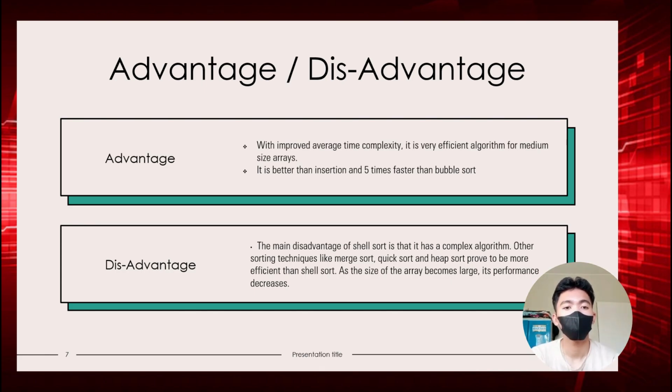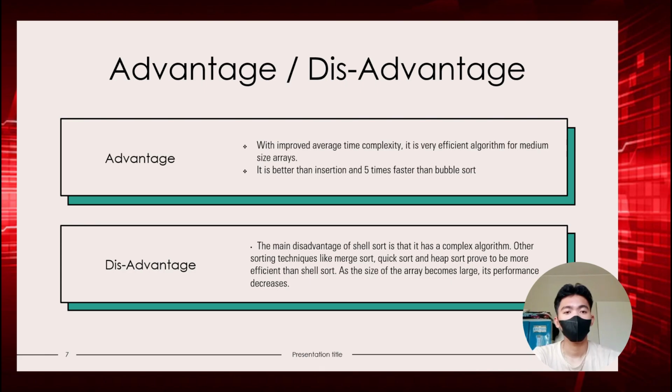Dahil alam na natin ang mga advantage ng shell sort, I will also explain the disadvantages of shell sort. The main disadvantage of shell sort is that it has a complex algorithm. Other sorting techniques like merge sort, quick sort, and heap sort prove to be more efficient than shell sort. As the size of the array becomes larger, its performance also decreases.